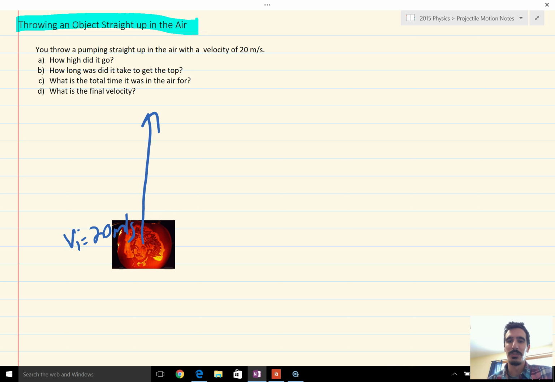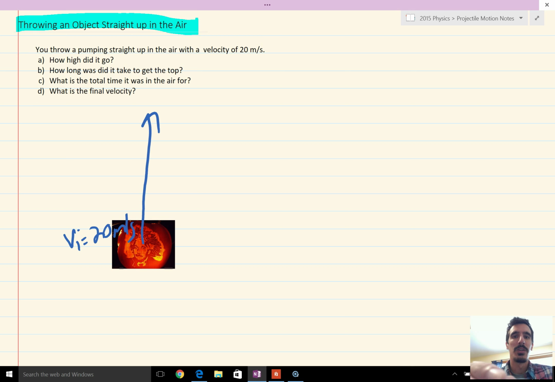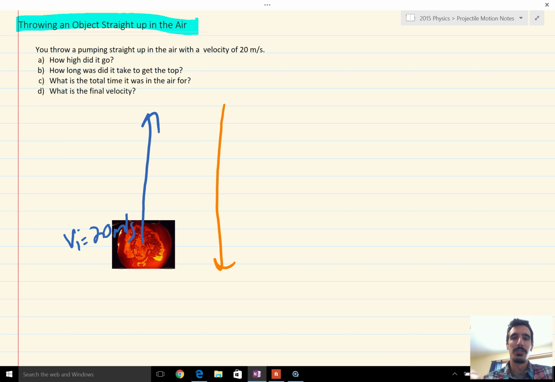So let's analyze this picture. When we throw things straight up in the air, we're going to look at just the going up part at first, and then afterwards, the pumpkin goes straight down. So let's look at going up. We know the initial velocity is 20 meters per second. At the top, due to gravity, the ball is going to stop.